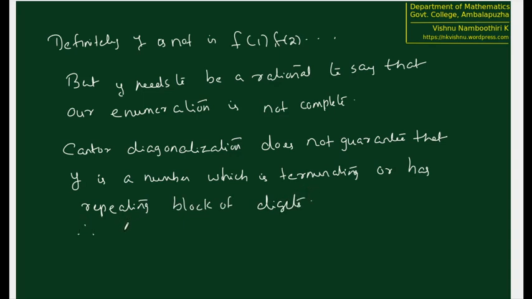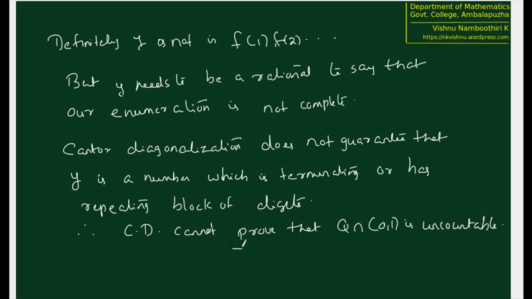Therefore, Cantor diagonalization cannot prove that Q intersection 0, 1 is uncountable. We cannot use Cantor diagonalization to prove the uncountability of Q intersection open interval 0, 1, which is not, of course, true also. So we have answered here why Cantor's diagonalization cannot be applied to prove that the set of all rationals in the open interval 0, 1 is uncountable.